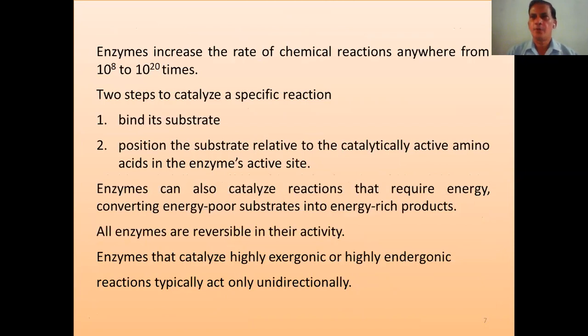In order for an enzyme to catalyze a reaction, it takes two steps. The first one is the binding of the substrate. The substrate needs to be attached to the enzyme in order for it to react and give the products. Position the substrate relative to the catalytically active amino acid at the enzyme's active site.